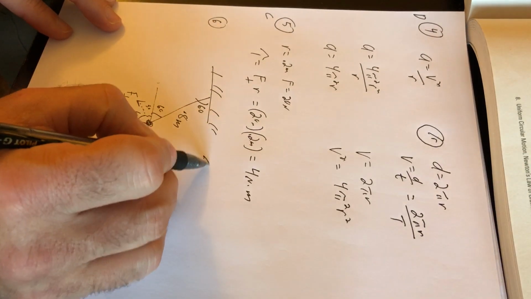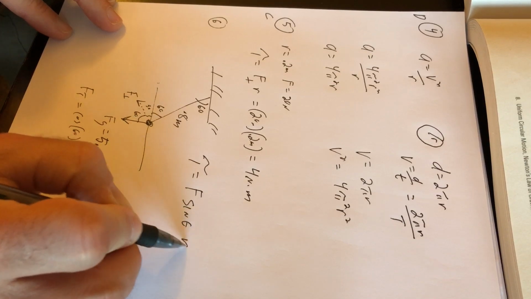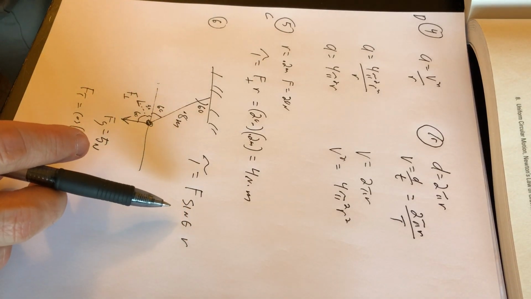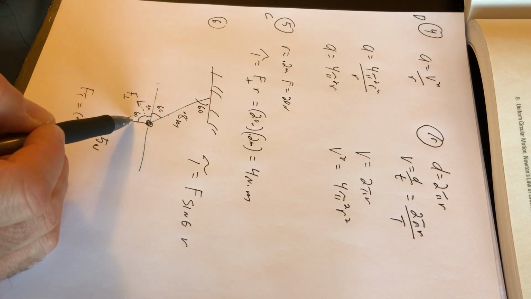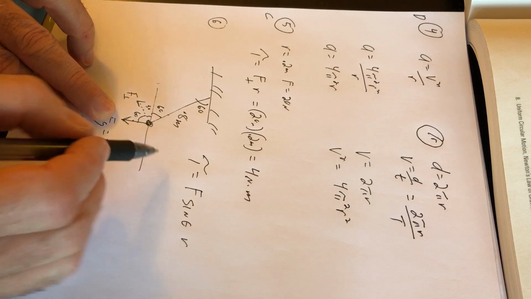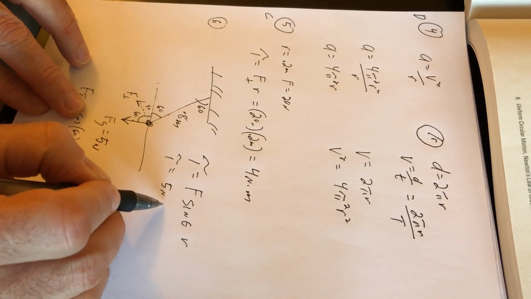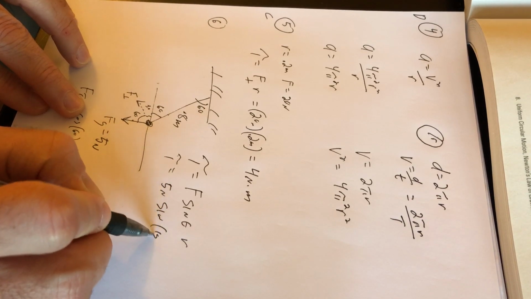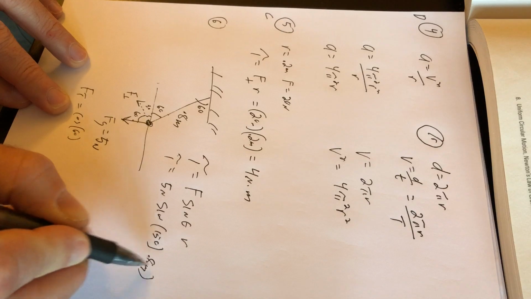But the other way to do it is to remember that the formula is F sine theta r. Which angle is theta? It's the angle between the force and the radius. So here's the radius, here's the force. So 60 plus 30 is 150. So I could say the torque is 5 newtons times sine of 150 times the radius, which is 0.8 meters.